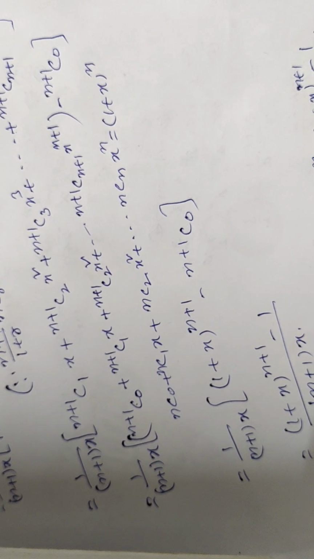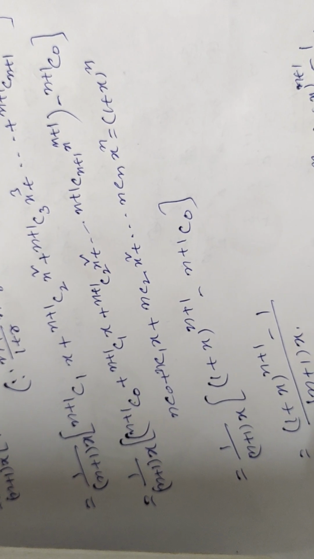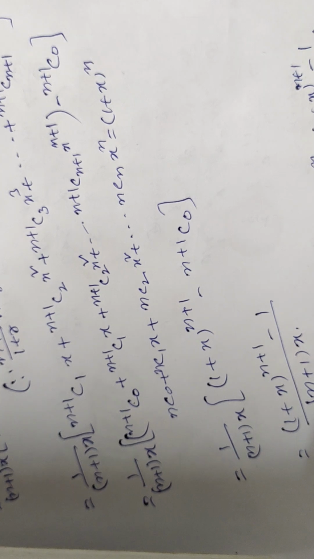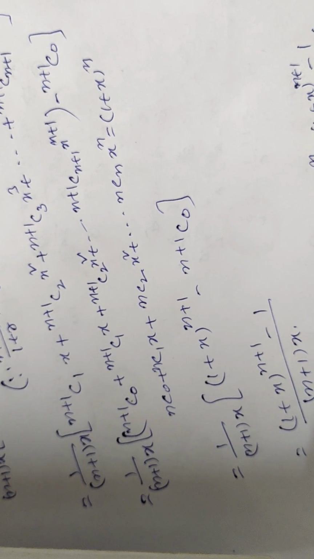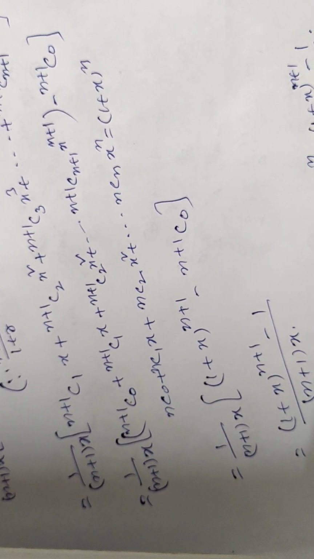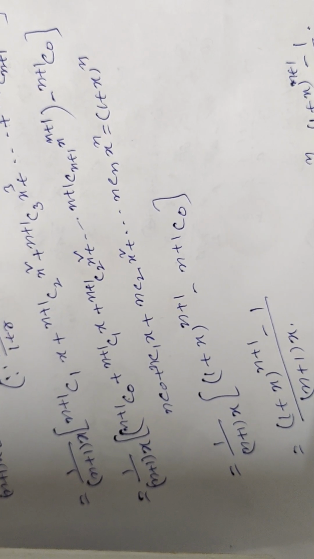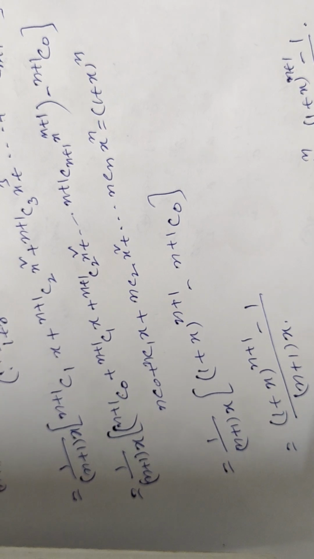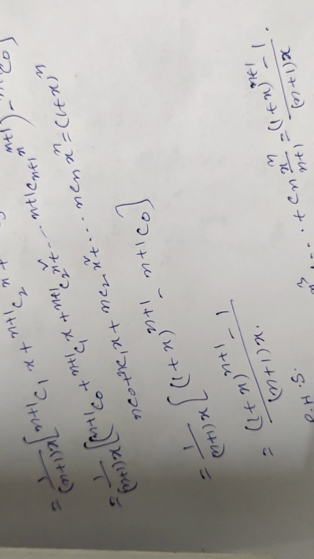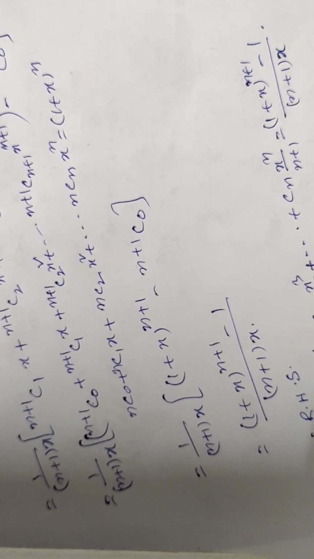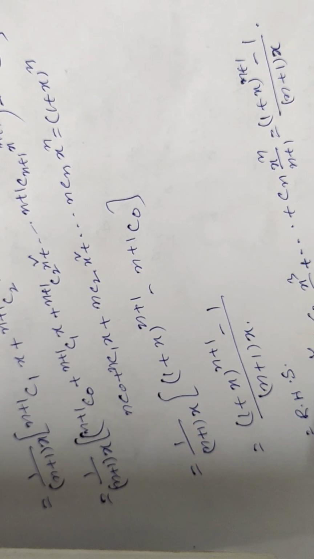That is 1 by n plus 1 into x of (n plus 1 C0 plus n plus 1 C1 x plus n plus 1 C2 x square and so on, n plus 1 C n plus 1 x power n plus 1 minus n plus 1 C0). So the first series is (1 plus x) whole power n plus 1 minus n plus 1 C0. n plus 1 C0 value is 1.